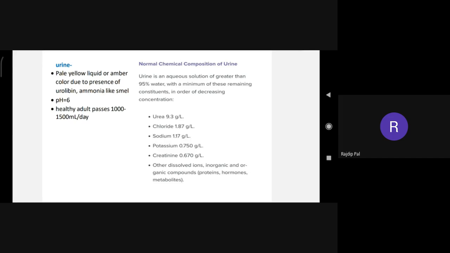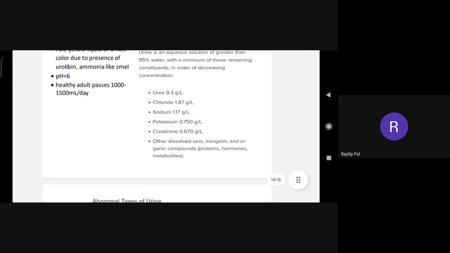These are urea, 9.3 gram per liter, chloride, 1.87 gram per liter, sodium, 1.17 gram per liter, potassium, 0.75 gram per liter, creatinine, 0.67 gram per liter, other ions, inorganic and organic compounds that are proteins, hormones, and metabolites.